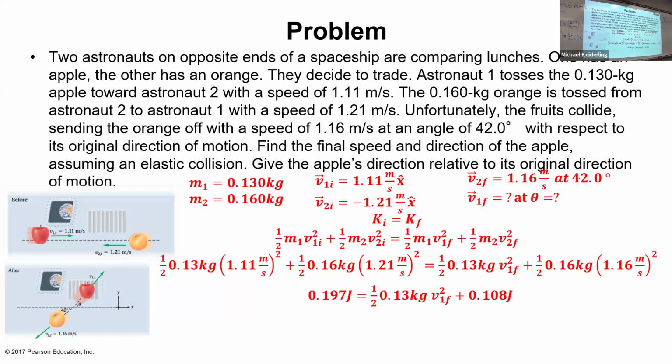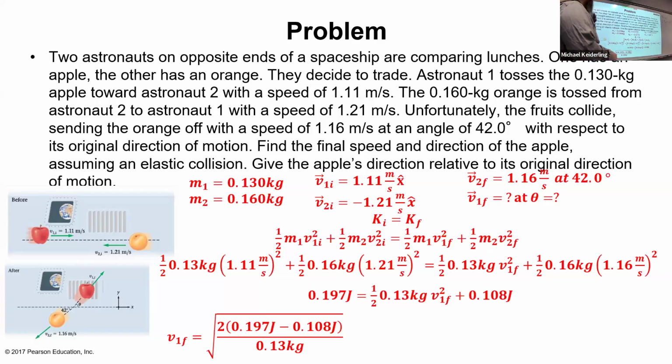So you get 0.197 joules as your initial kinetic energy. That equals 1/2 times 0.13 kilograms times V1 final squared plus 0.108 joules. So V1 final equals the square root of 2 times 0.197 joules minus 0.108 joules over 0.13 kilograms, or 1.17 meters per second.